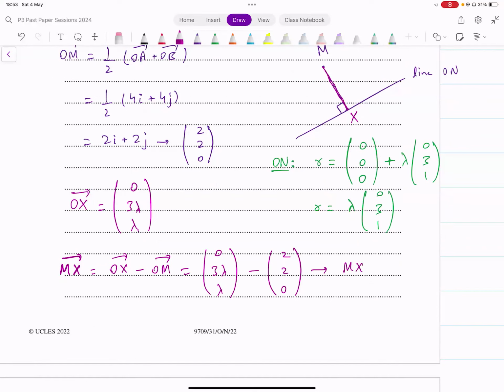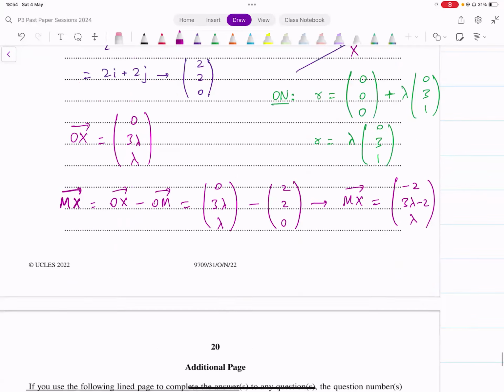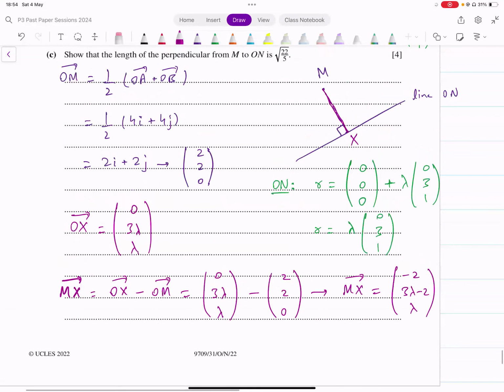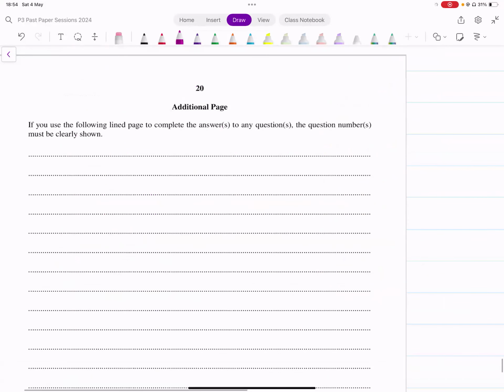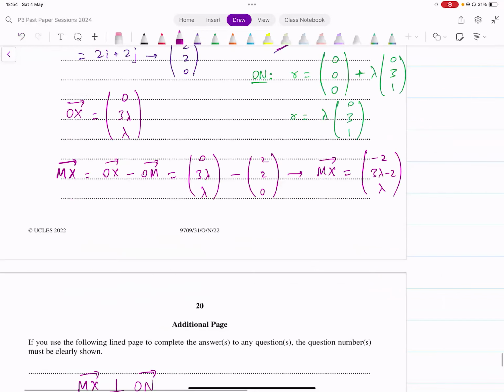The vector MX therefore becomes minus 2, 3 lambda minus 2, and lambda. Now MX is supposed to be perpendicular to the direction of this line ON, so we can use the idea that MX vector is perpendicular to ON vector.